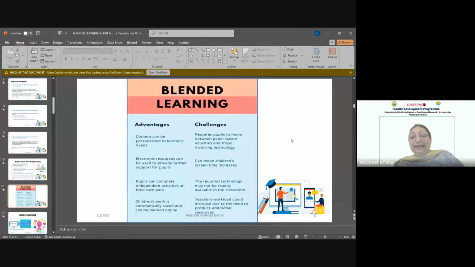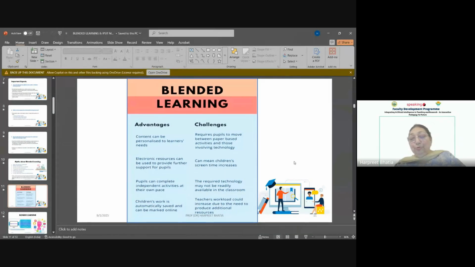So in a way, it does increase the screen time, but when we make it interesting, hopefully the other extraneous activities like WhatsApp and Facebook will reduce, because here we are getting them to do things that they would actually like doing. Then the required technology is not always available in all classrooms.